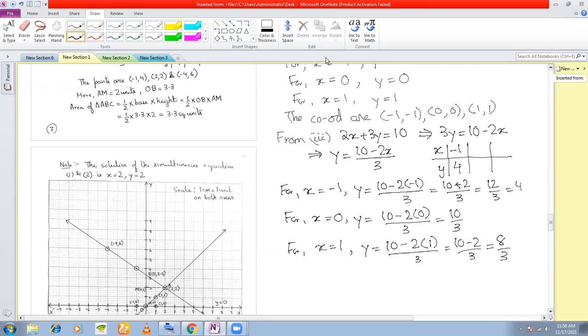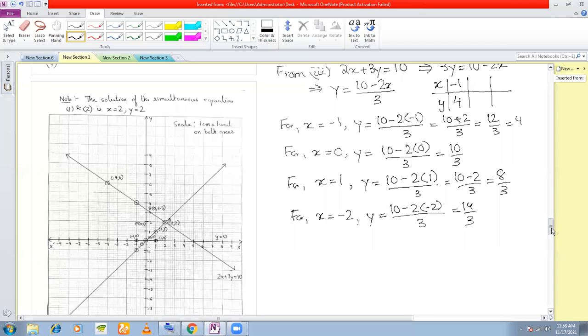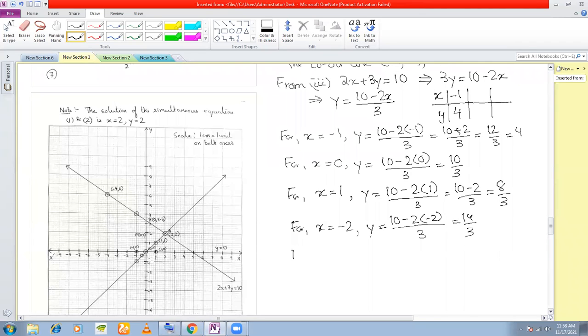Okay, so let us take x is equal to -2 and check. Y is equal to 10 minus 2 into -2 divided by 3, which is equal to 14 by 3. Again, a fractional value, which is difficult to plot. So we'll take another value of x. This time, let us take x is equal to 2.